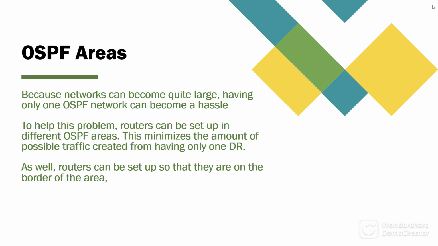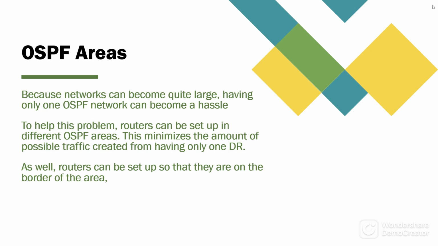In these cases where too many routers can become a problem, there's a setting for OSPF that can help manage it. During the setup of OSPF, the network administrator can configure the interfaces to be in different areas from one another. This allows for less congestion within the network since each area has its own designated router.